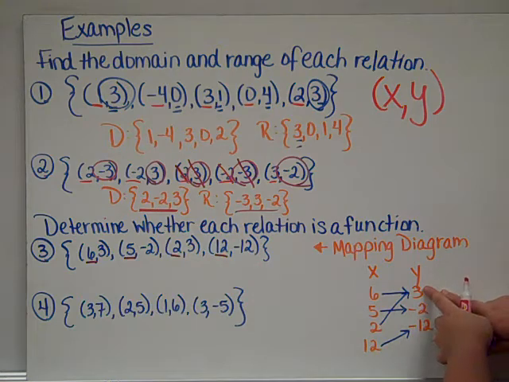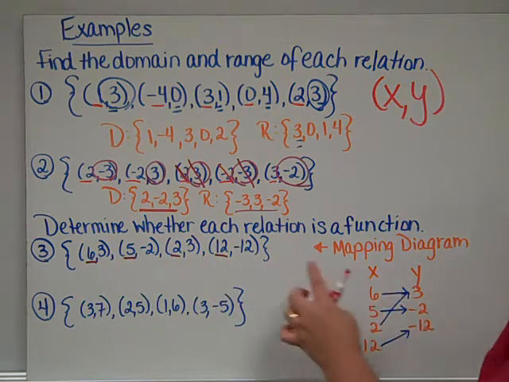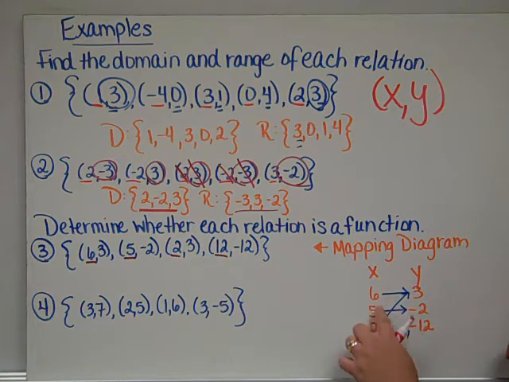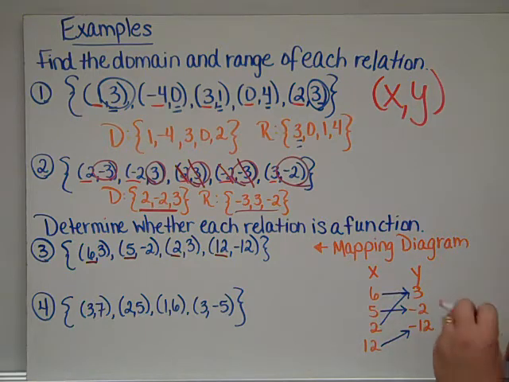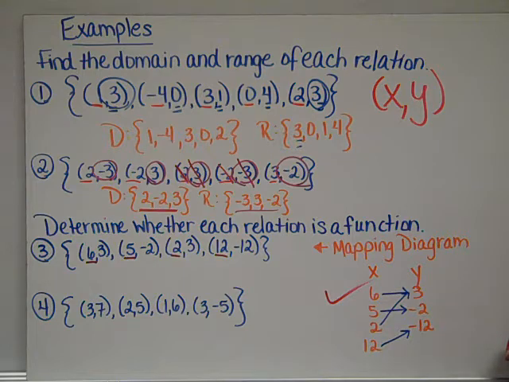Notice I have an arrow there. 5 is being mapped to negative 2. 2 is being mapped to 3. And 12 is being mapped to negative 12. So notice I don't have any of my x values being mapped to more than one y value. So I know that that is a function.